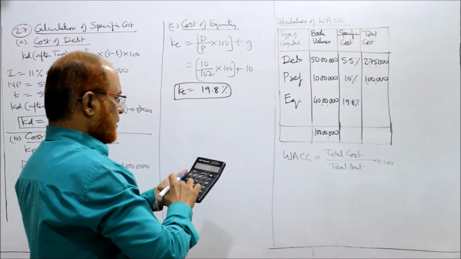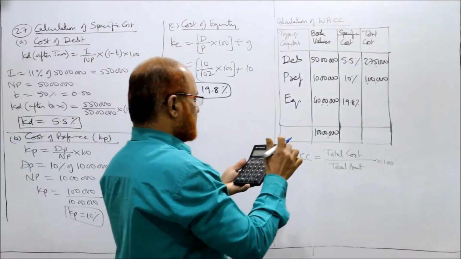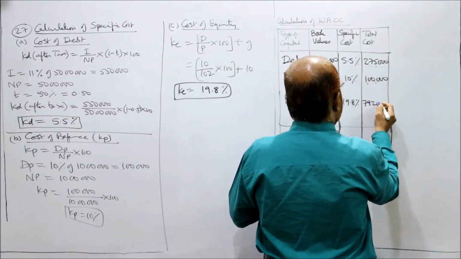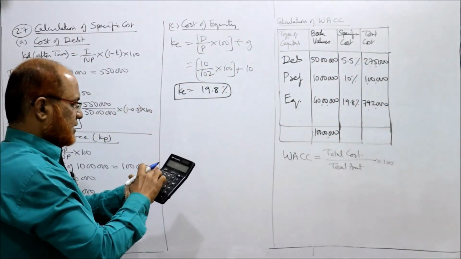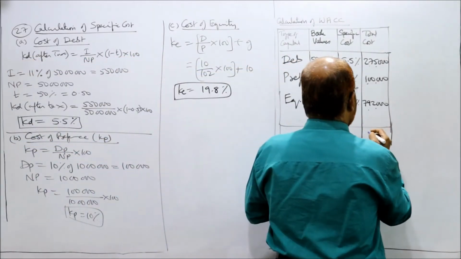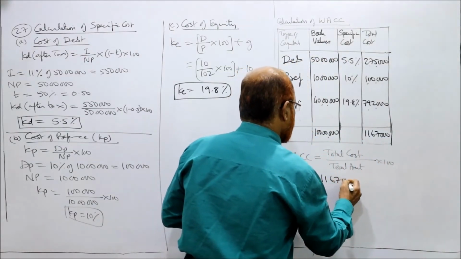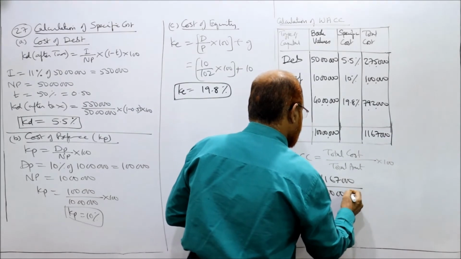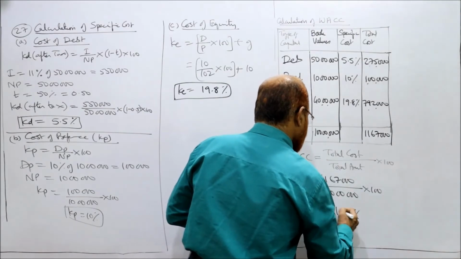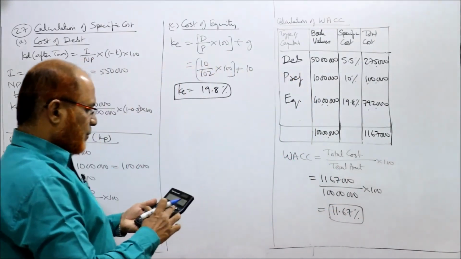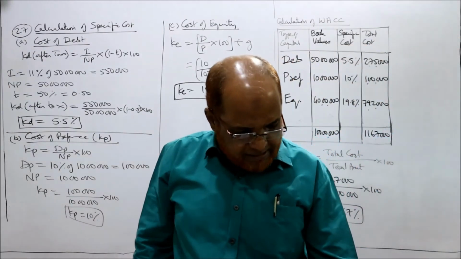Here 40 lakh into 19.8%, 7,92,000, plus 1 lakh plus 2,75,000, 11 lakh. That gives 11.67%. So we have completed 27th problem.